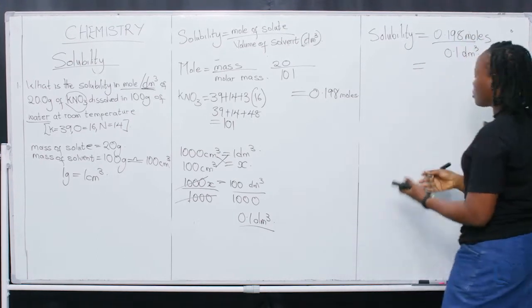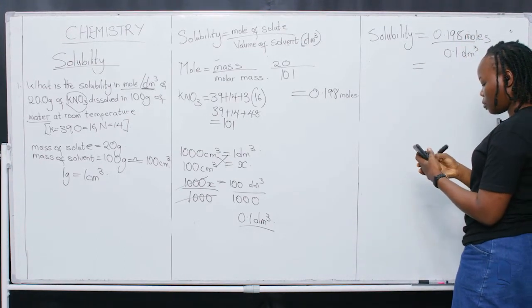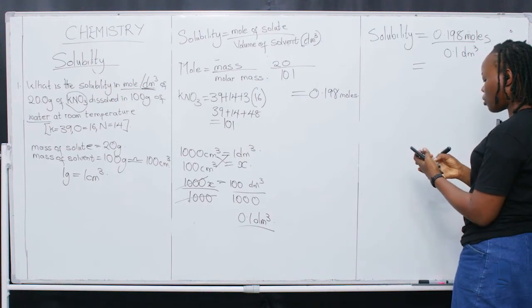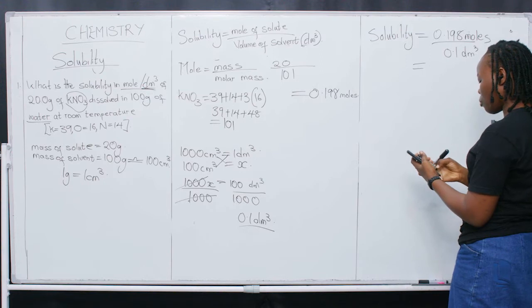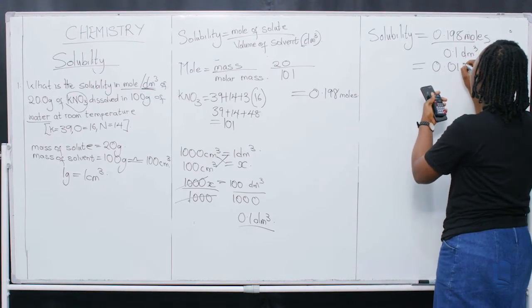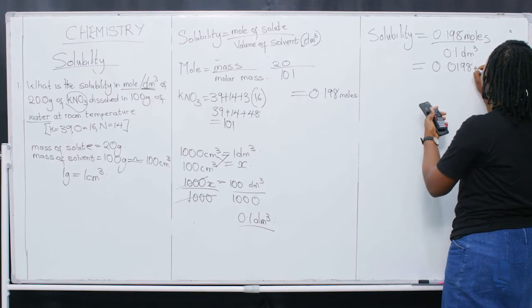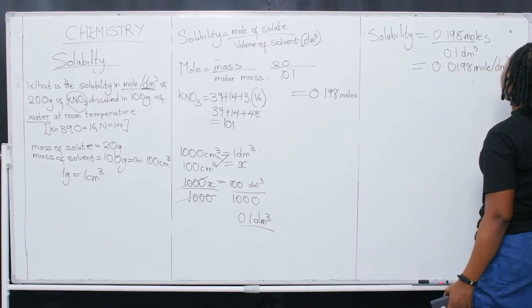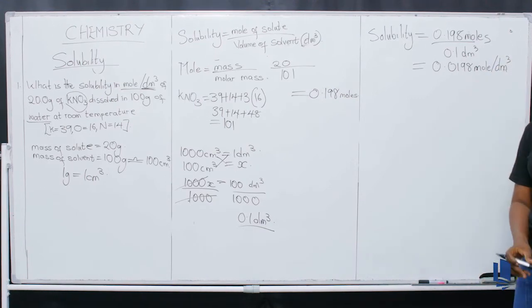So let's punch this on the calculator. 0.198 divided by 0.1. That's 0.0198 mole per dm cube. Any question?